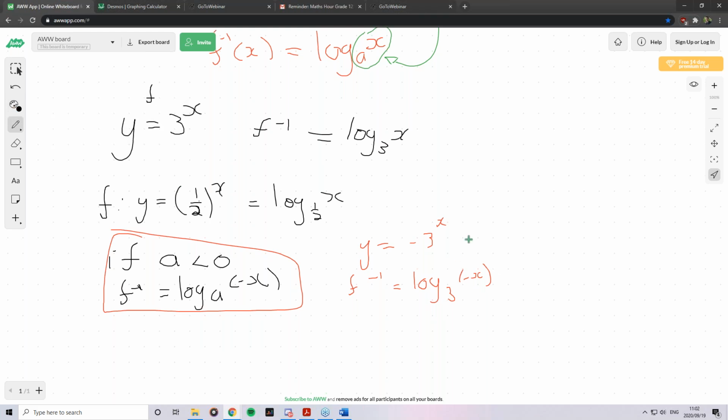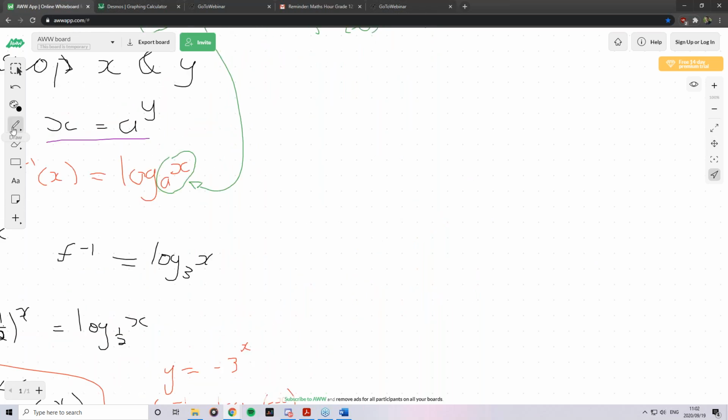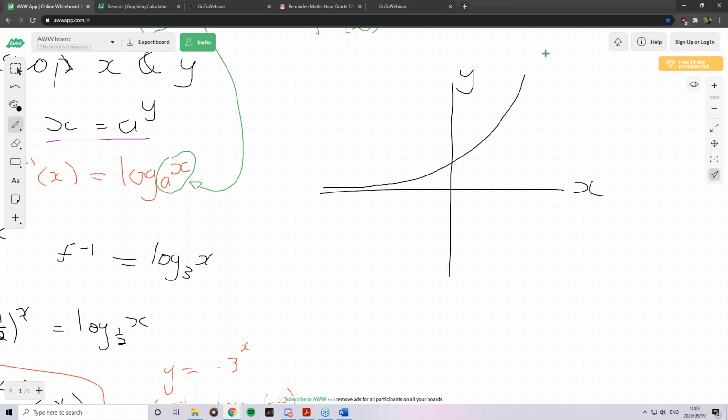Two shapes that this function can take. If I have my x-axis and y-axis, let's say my f looks like this. You draw your line y equals x. Whenever you have inverses, it's useful to do this.